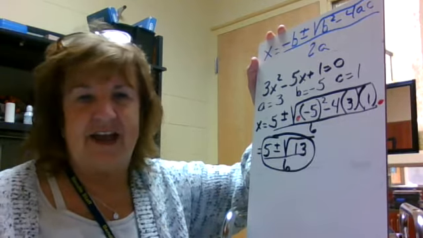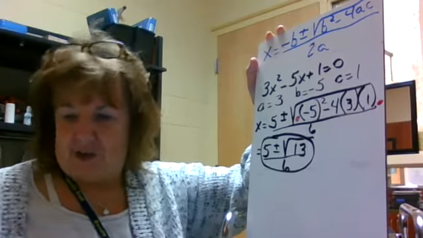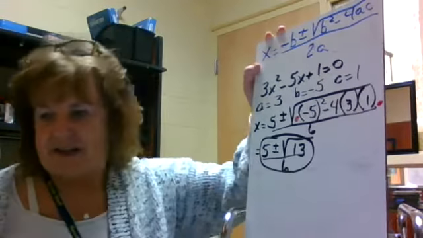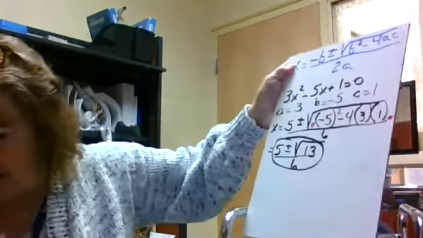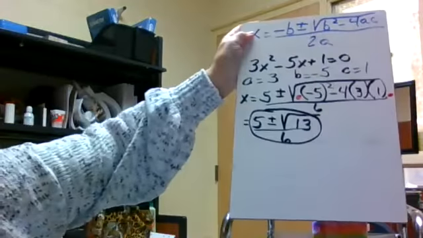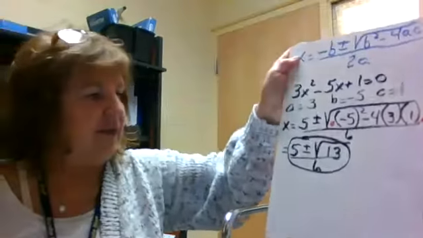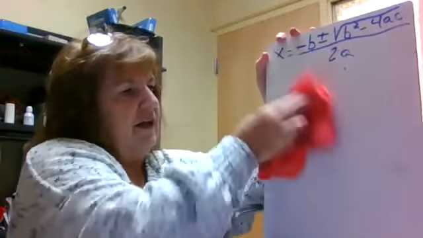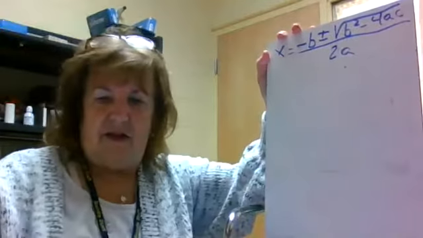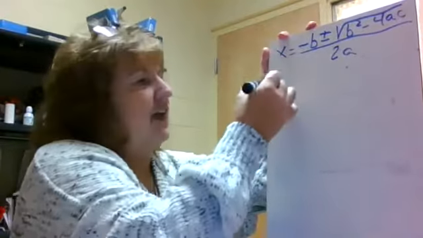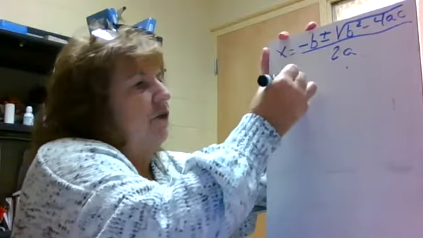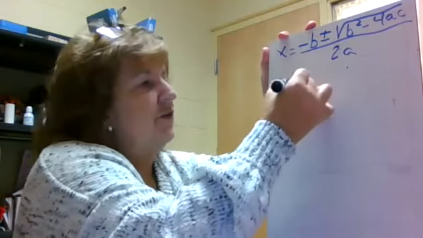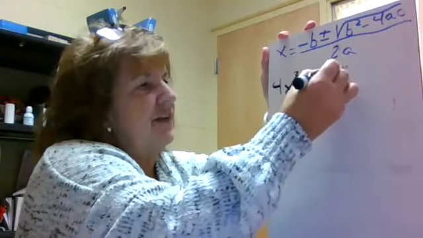Okay, let's stay on the same quiz and let's do problem number 8. Problem number 8 says 4x squared equals 8x minus 7.